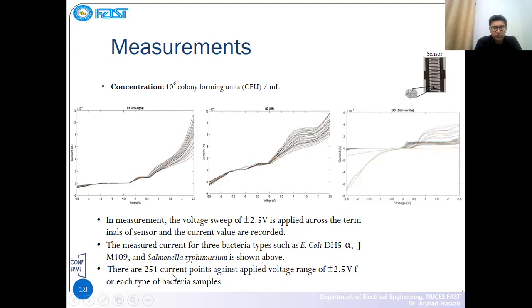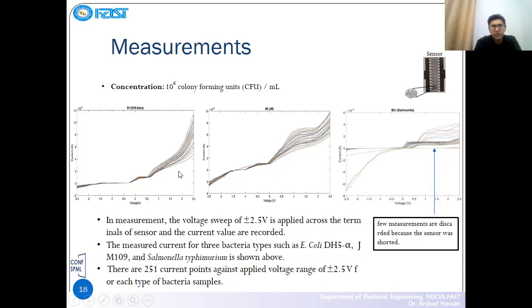And we have a total of 251 current points when we applied a voltage from minus 2.5 to 2.5. Some of the measurements are discarded because we have a shorted sensor. So here you can see some of the data is discarded.